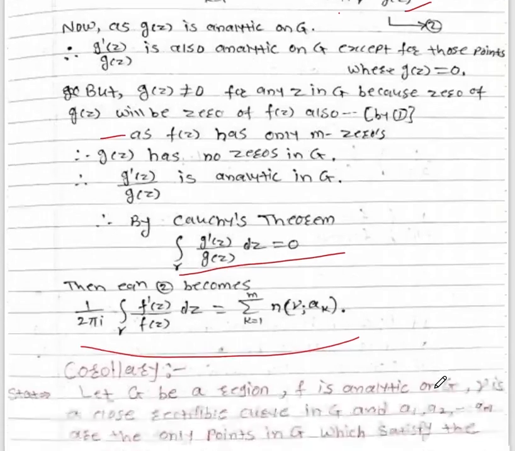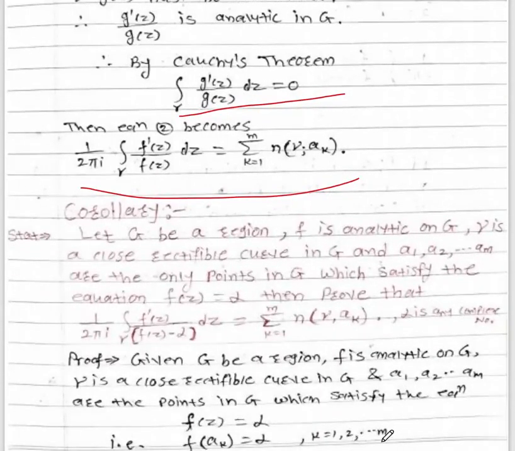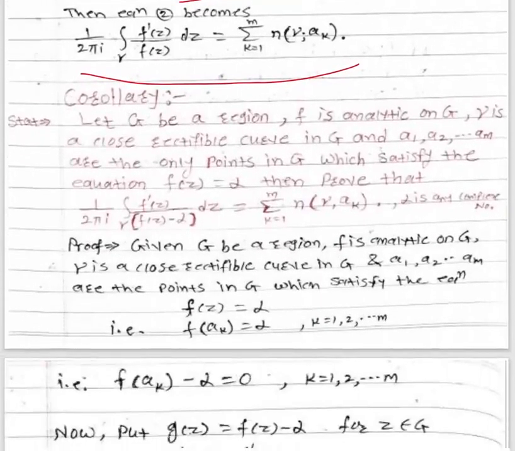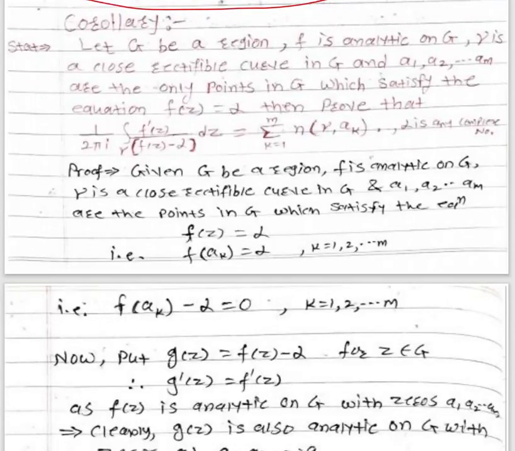Now we will see the corollary of this theorem. What is the corollary? The statement is: let G be a region and f be analytic on the region G. Gamma is any closed rectifiable curve in region G, and a1 to am are the only points in region G which satisfy the equation f(z) equal to alpha.